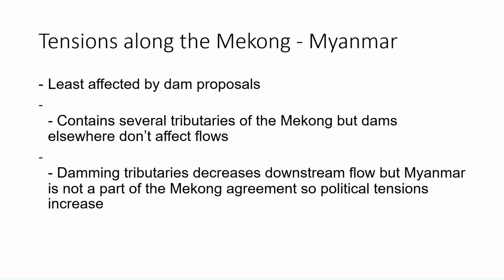But Myanmar is not part of the Mekong Agreement as well, so there is an element of political tension here as well. So it really comes down to reducing flows. Myanmar is reducing flows actively, and they're not part of the political agreement.